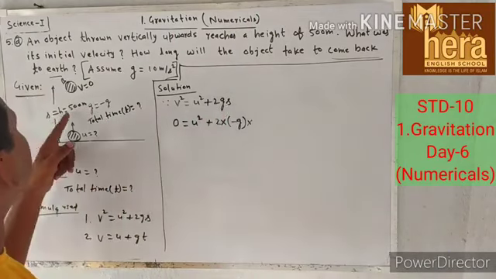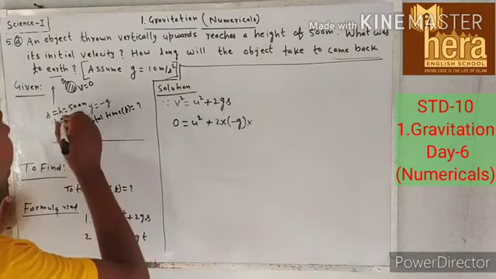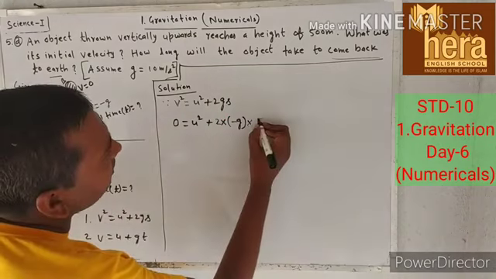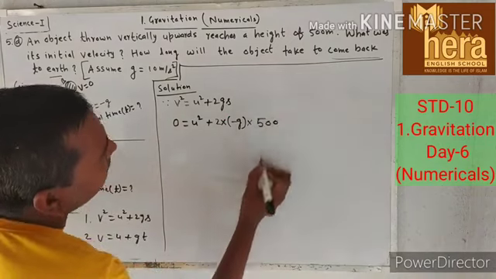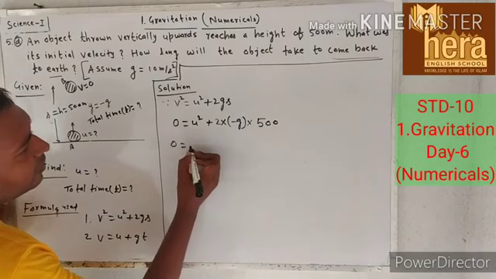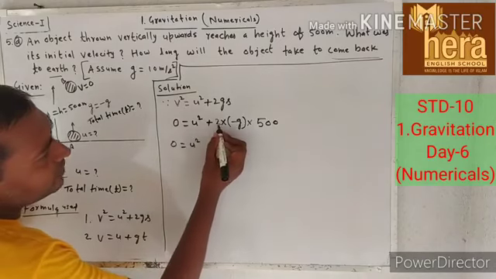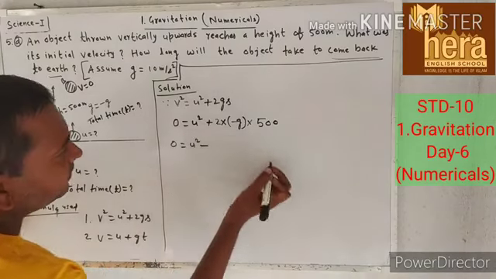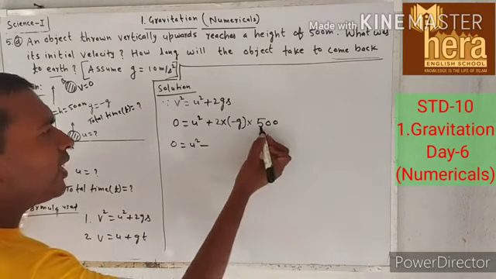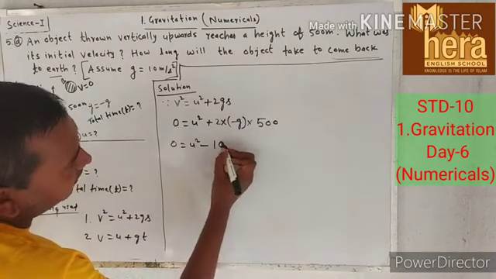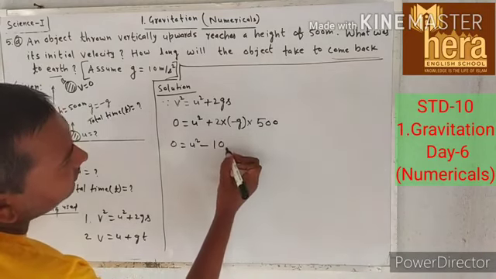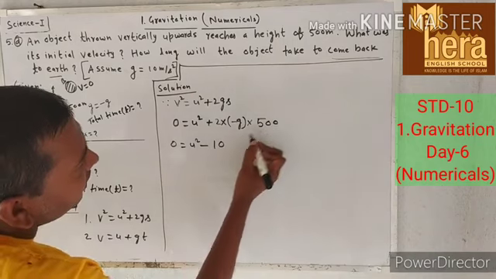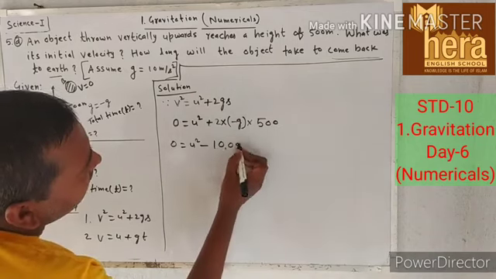S is 500 meter. So 0 will be equal to u square plus 2 into minus 10 into 500.